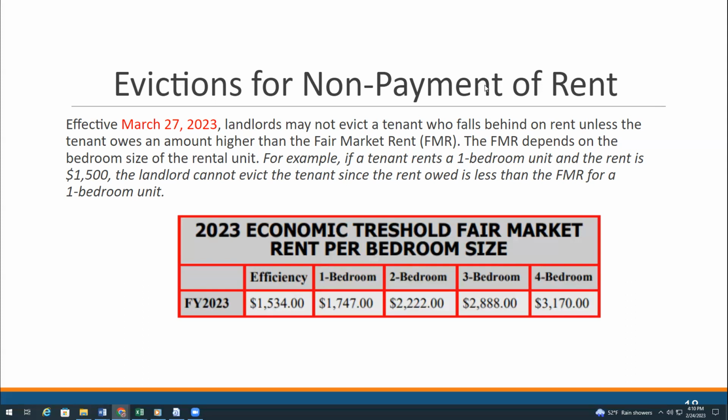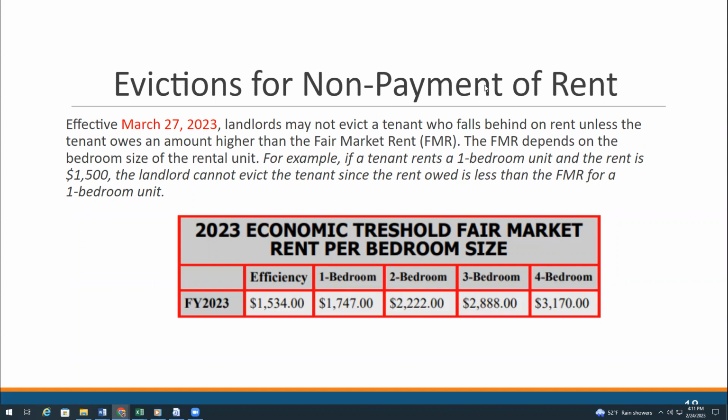And so the idea of this is to preserve housing and housing stability if a tenant doesn't owe an astronomical amount, and that protection is based on the fair market rent for the size of the unit. So for example, if a tenant rents a 1-bedroom unit and the rent for that particular tenant is $1,500, then if you look at this grid, the landlord cannot move to evict the tenant since the rent owed is less than the fair market value.